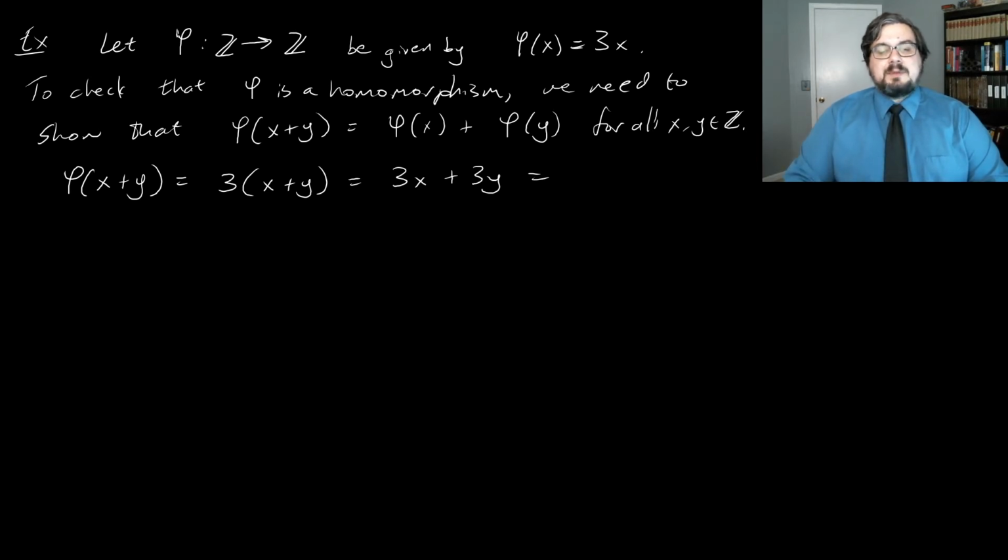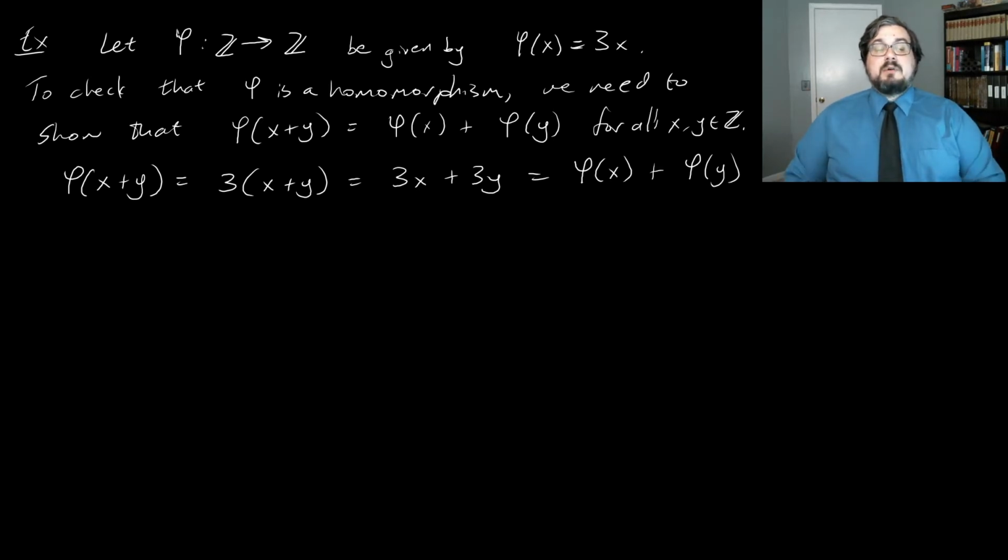But now notice that once we've done that, 3x is exactly phi of x, and 3y is exactly phi of y. And so we see that this function, the multiplies by 3 function, is in fact a group homomorphism from Z to Z, because it doesn't matter whether you add the two elements before taking the function or afterwards.